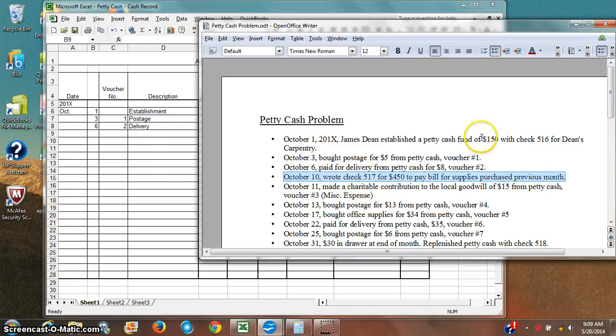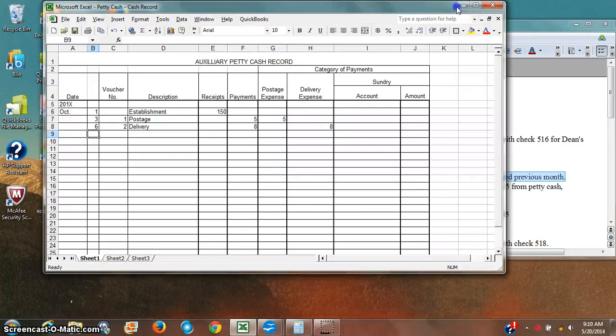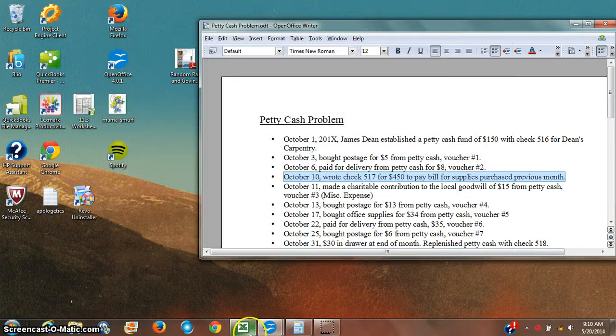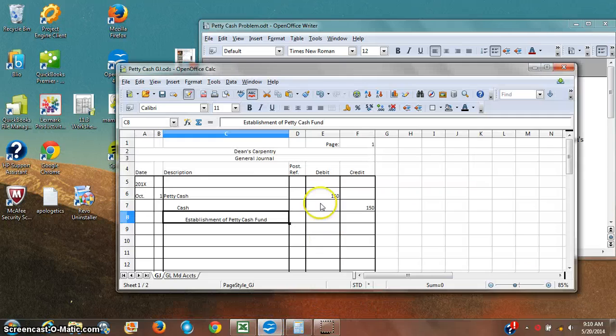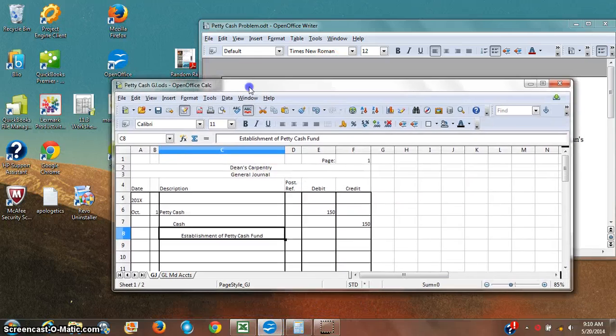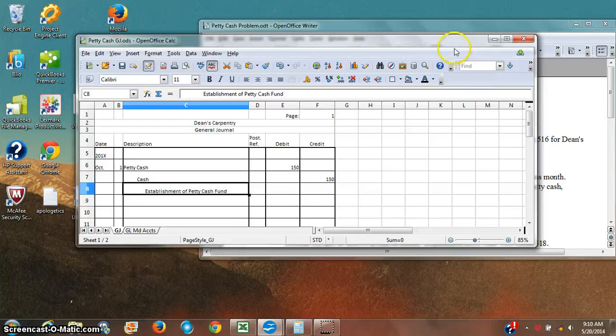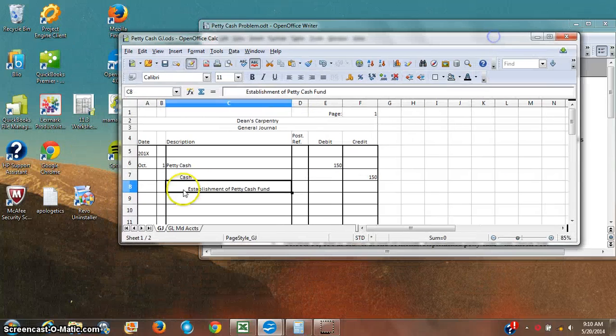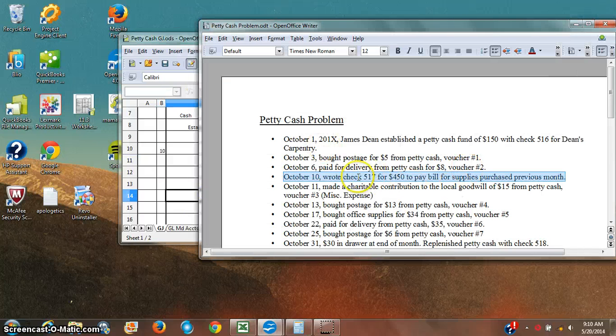This is something that I'm going to record directly out of my general journal. Let me pull up my general journal here. This is October 10. And we can see what's going on here. I paid $450, so my cash is going down for supplies purchased the previous month.